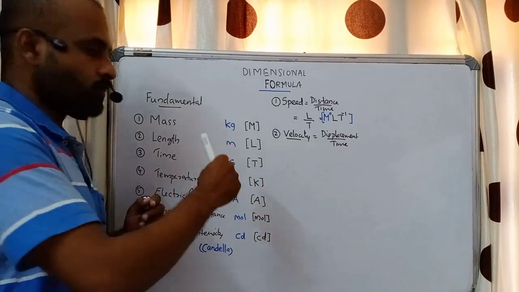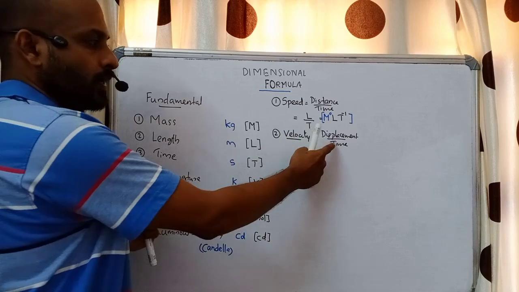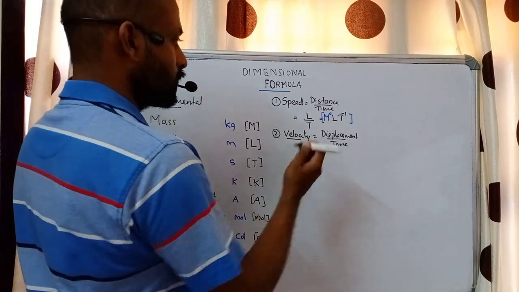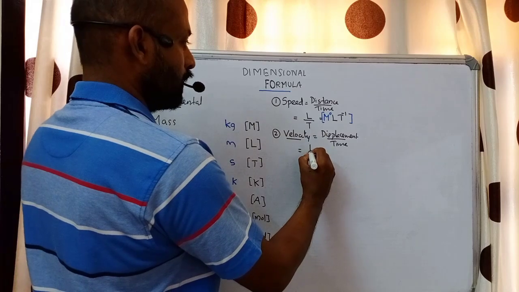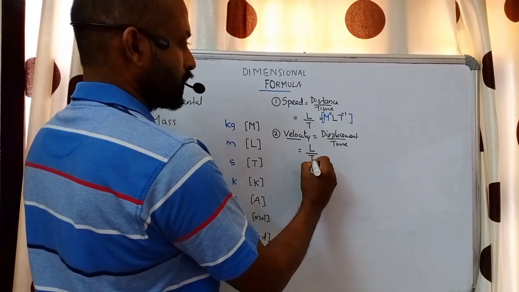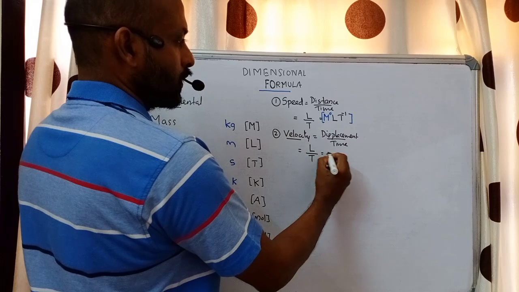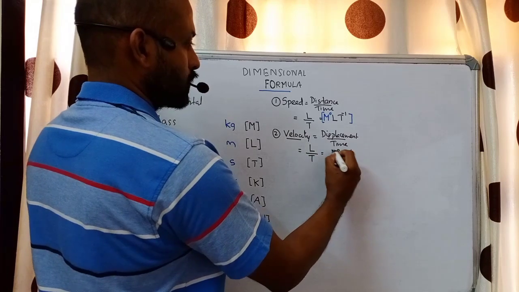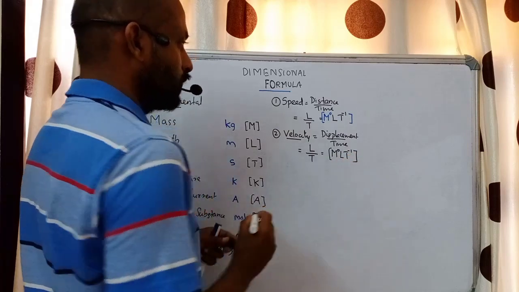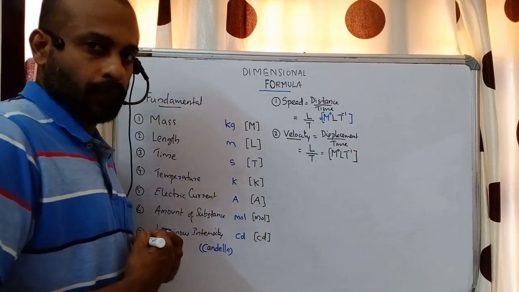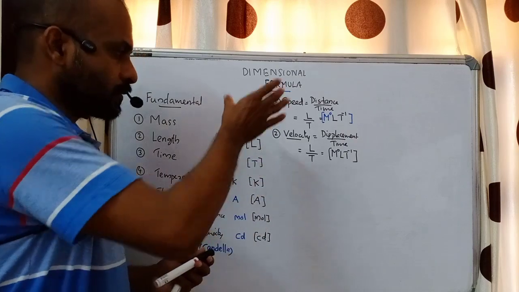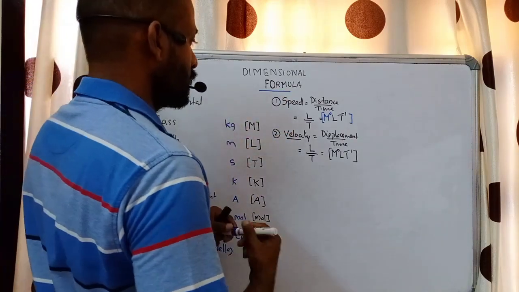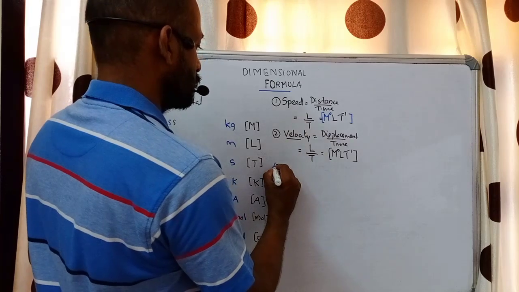So we can give dimension formula L, then time T. For displacement we will give capital L, for time we will give capital T. L by T. So it will be M raised to 0, L T raised to minus 1. So the dimension formula of velocity and speed will be the same. Now similarly we will see a few more dimension formulas. Third, you can see the dimension formula of acceleration.